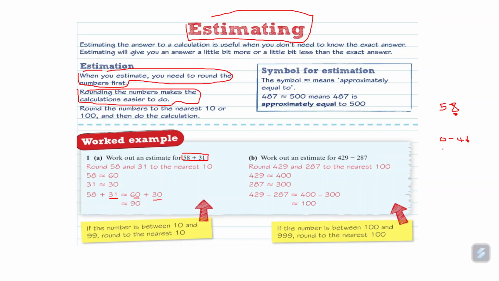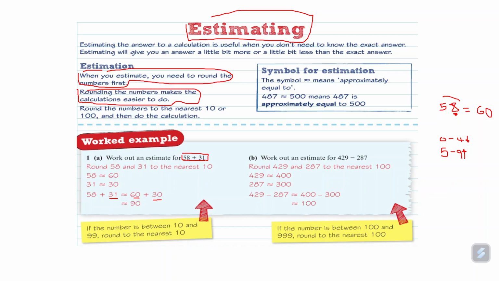And if the last digit is between 5 to 9, you round up. So take this 58, and we are told to round this to the nearest 10. We need to consider the last digit, which is 8. The rule says that once the number is 5 and above, you round up. So this is 8 and it's more than 5. So rounding 58 to the nearest 10 becomes 60.